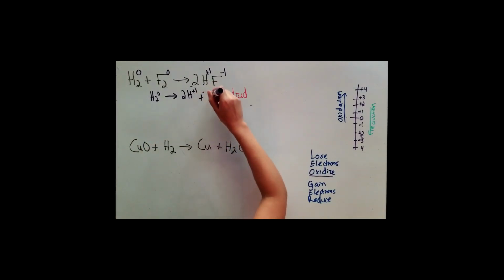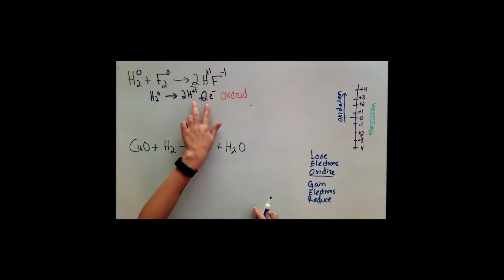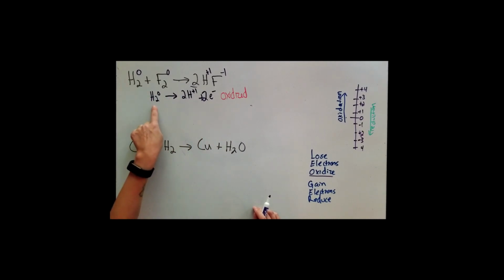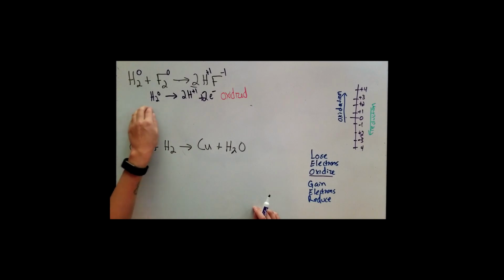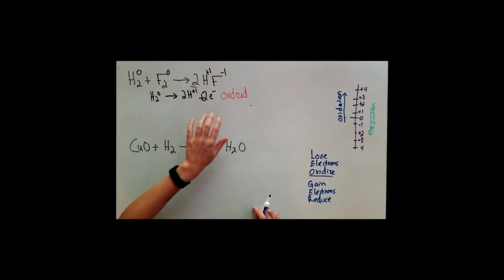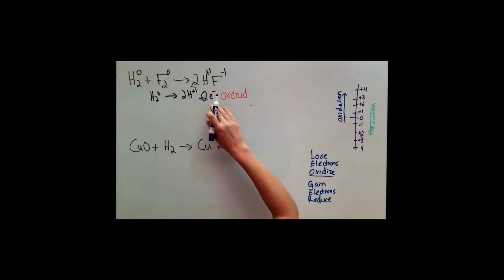So the electrons I'm going to put on this side. How many electrons? 2. The reason I put them on the product side is because in order for hydrogen to be neutral, these two H pluses need to gain 2 electrons. So when you're writing these half reactions, if your electrons are on the product side, the right side, it's oxidation.